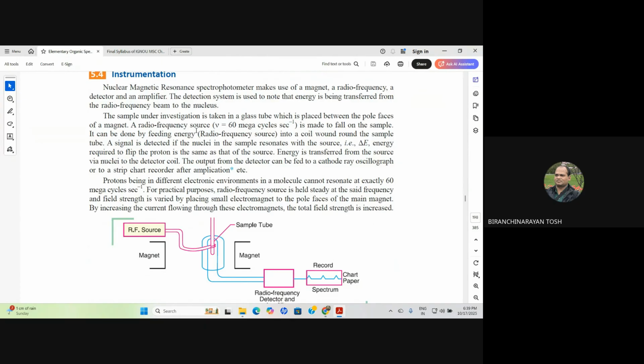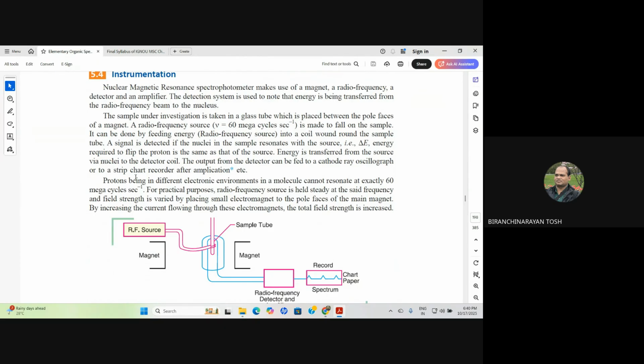The radio frequency source is made to fall on the sample. It can be done by feeding radio frequency energy into the coil, which is wound around the sample tube. So here the signal will be detected if the nuclei in the sample resonate with the source.